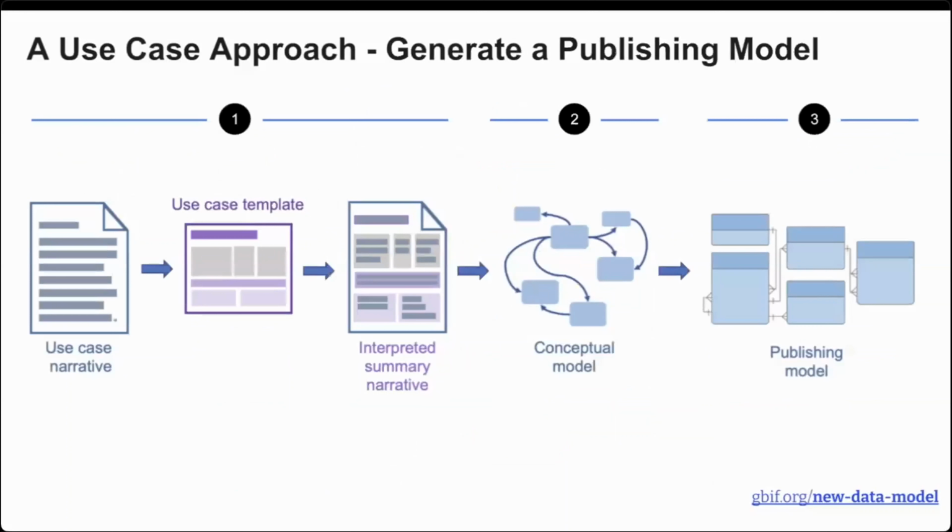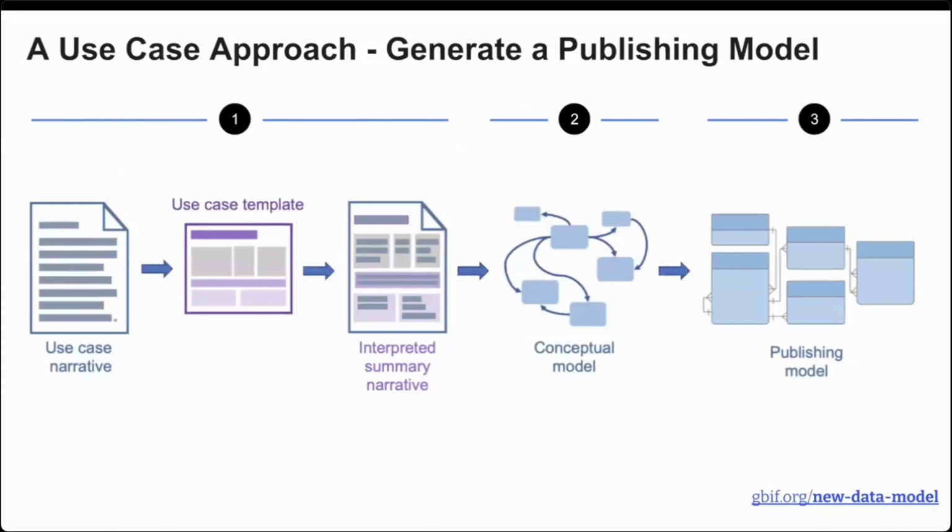The next and most challenging step is to try to find the right simplification of the unified model into a data publishing model. The principles behind this step are, for a particular family of use cases, to A, minimize obstacles to data publishing based on unnecessary complexity and irrelevant parts of the unified model.